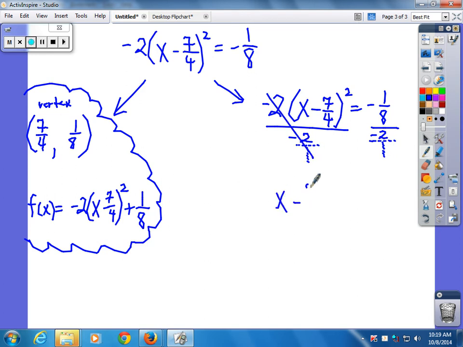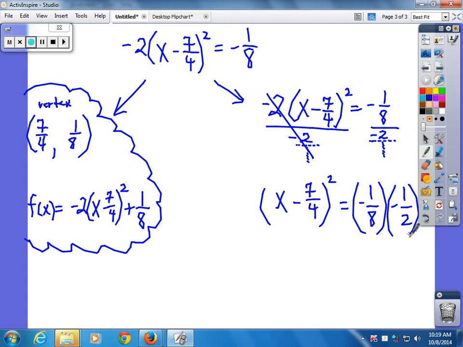(X minus 7/4) quantity squared is equal to -1/8 multiplied by -1/2, which is 1/16.